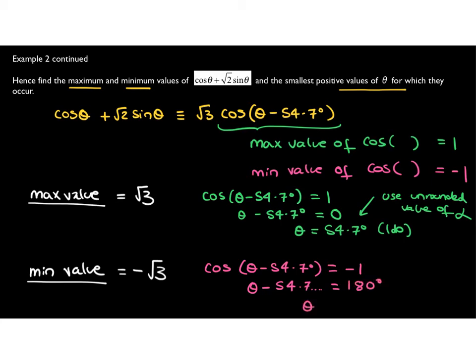So add on 54.7 and we get to 234.73, which is 234.7 degrees to 1 decimal place. Remember to use the unrounded version of alpha. This will become really important, particularly when you work in radians as well.